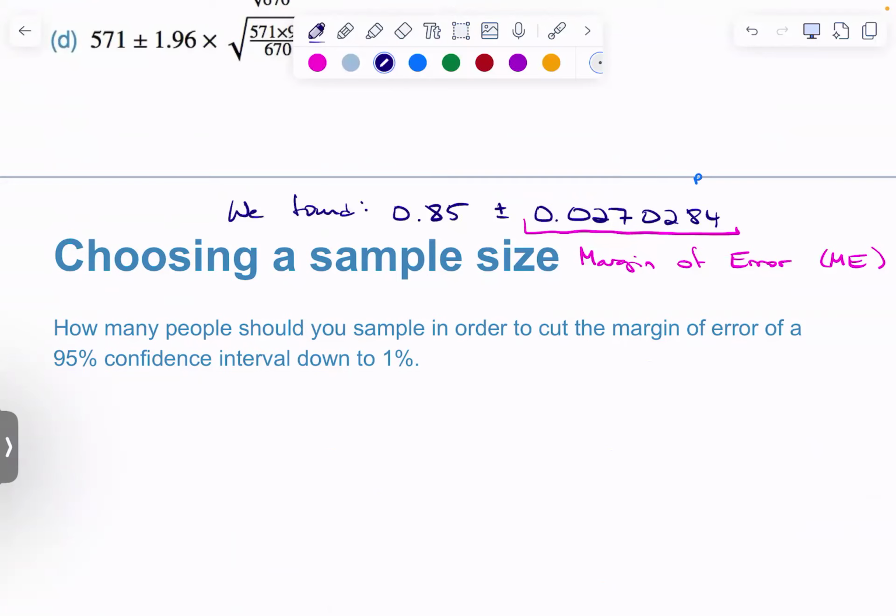And so the margin of error, we'll start calling it a lowercase m on your formula sheet. It's a lowercase m, just because having two letters can be confusing, right? Are you solving for one thing or two things? All right. And so m in this case was 0.027 or 2.7%.